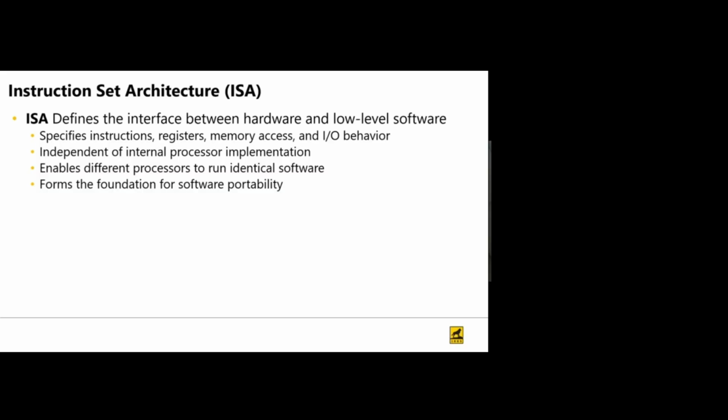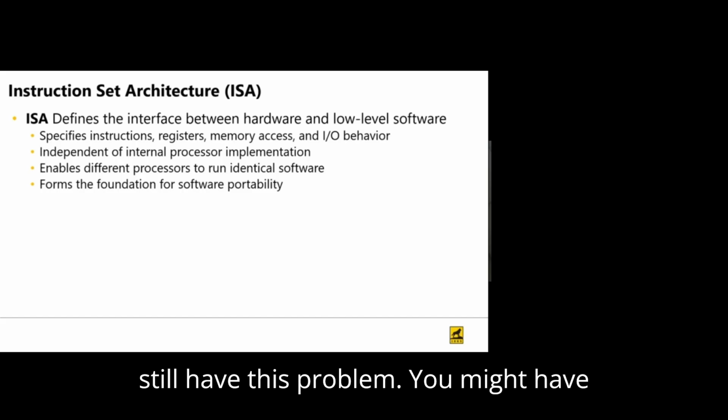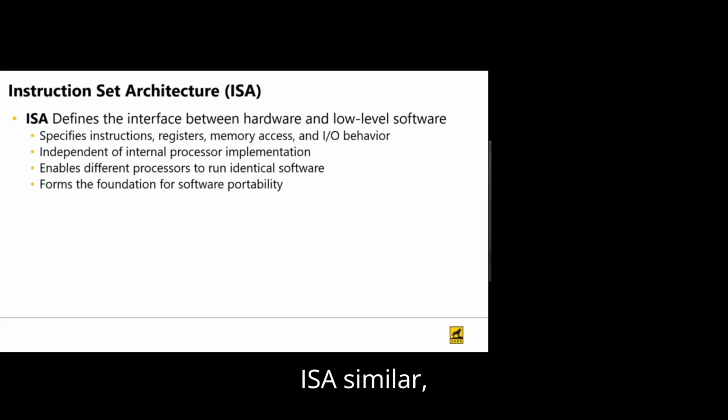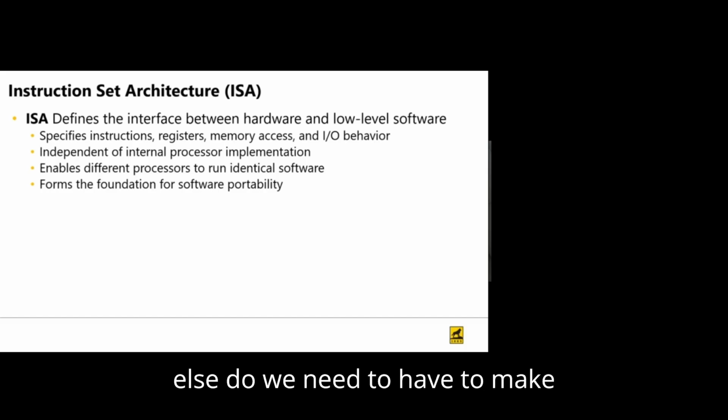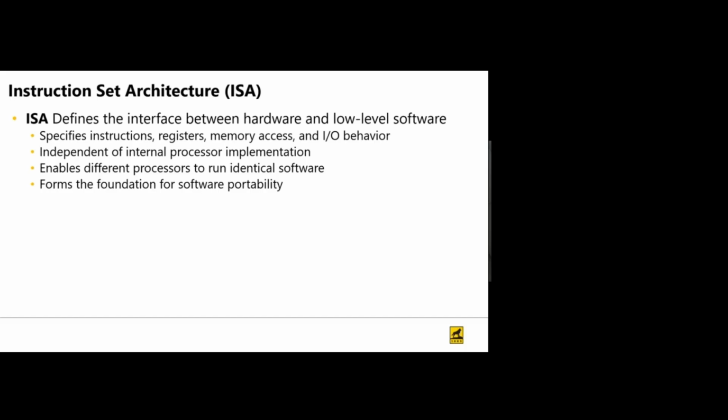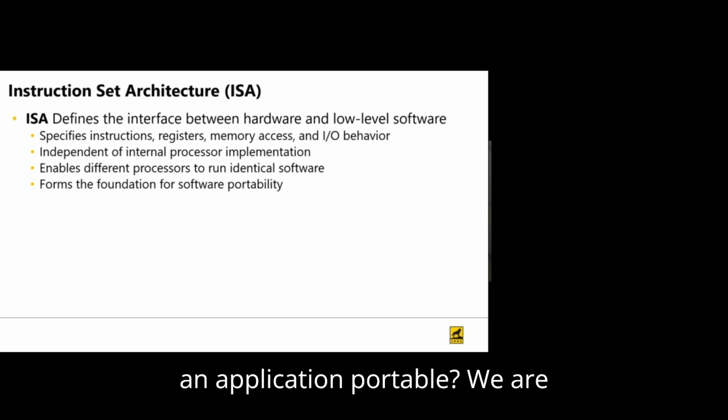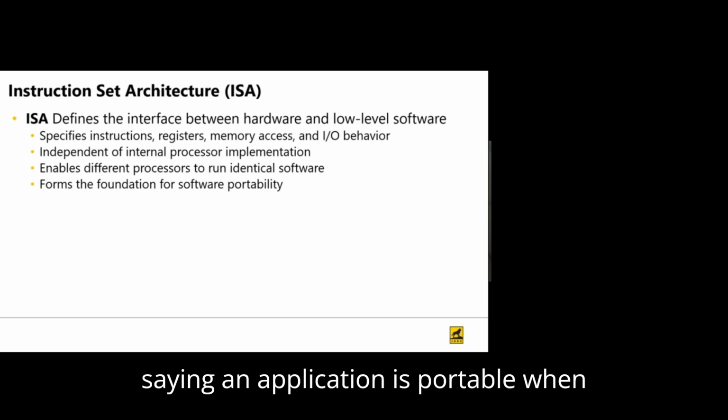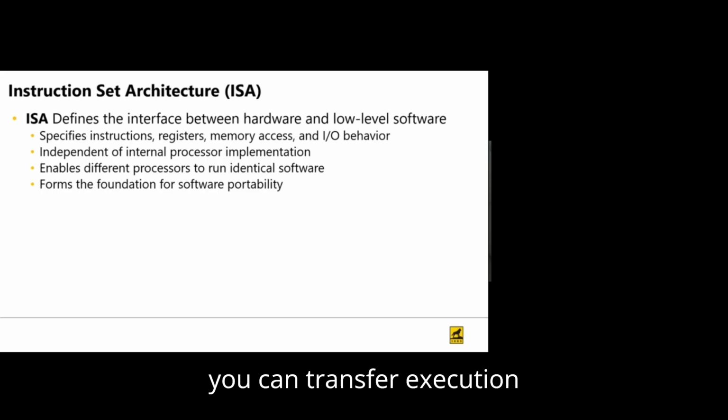But if just ISA is similar, you still have this problem. You might have a similar ISA, but not portable. What else do we need to make an application portable? We are saying an application is portable when you can transfer execution.